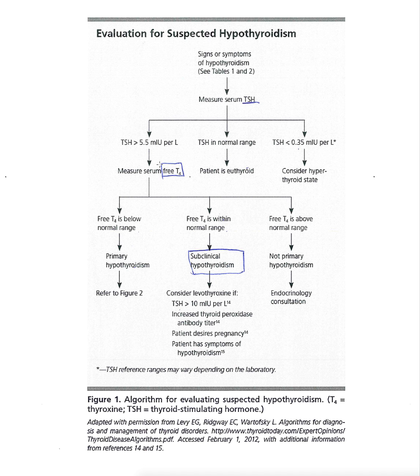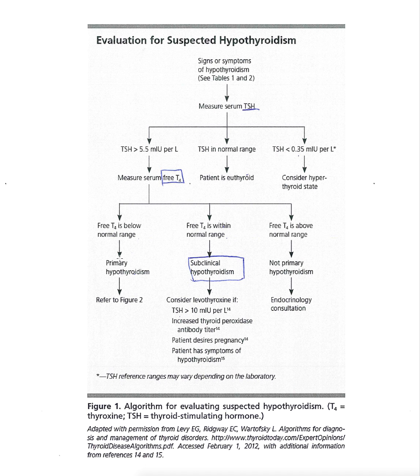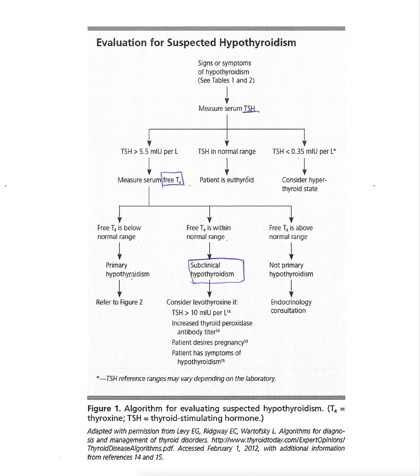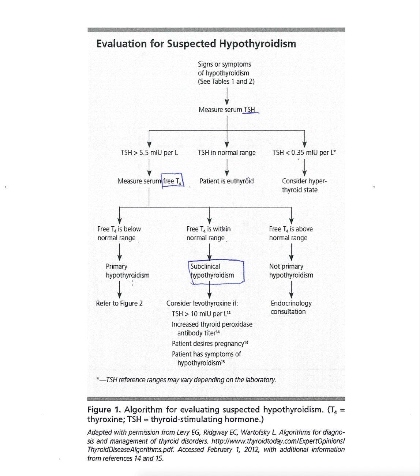Then you have to do free T4 to see whether it's low or high. When it is low, we can confirm the patient has primary hypothyroidism. Again, TSH high, above the normal range, and free T4 low confirms primary hypothyroidism.